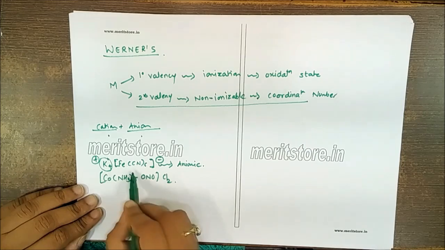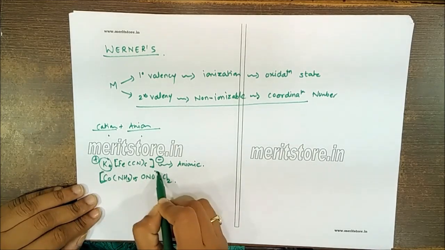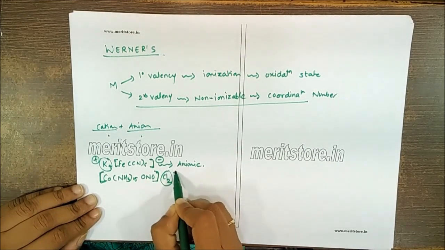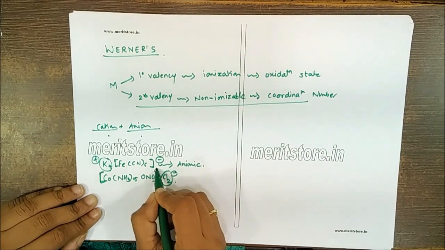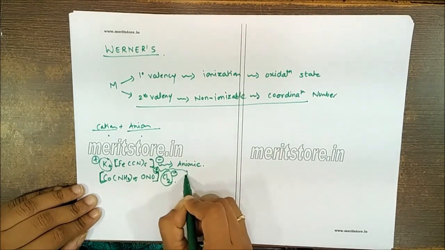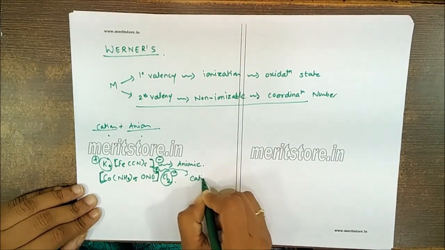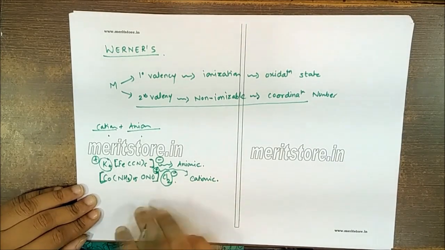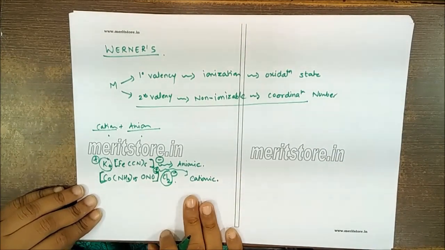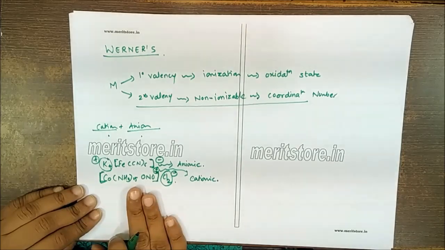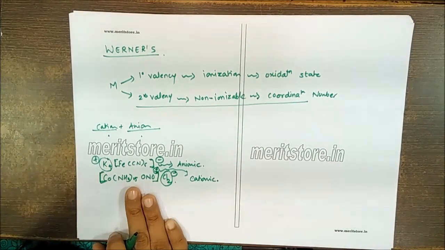If I look at the other one, outside this sphere there are Cl minus ions, which are negative. So definitely the charge on the complex is positive. So this is a cationic complex. And if there is no charge on the complex, we call them neutral complexes. So we divide our coordination complexes into three types: cationic, anionic and neutral.